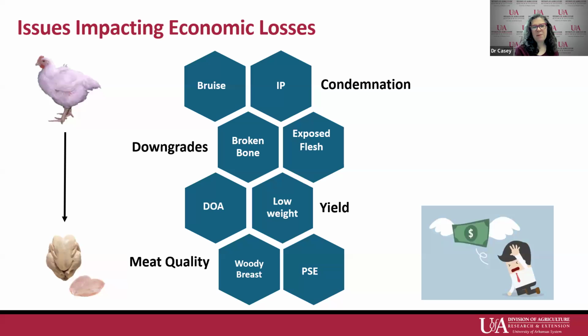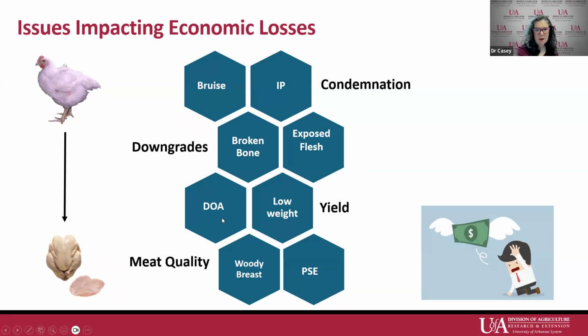These issues that impact economic losses are a variety of things. You could have bruises, inflammatory process. Those things can result in condemnation at times when they're real severe. Broken bones or exposed flesh can equate into downgrades. Low weight would affect yield.